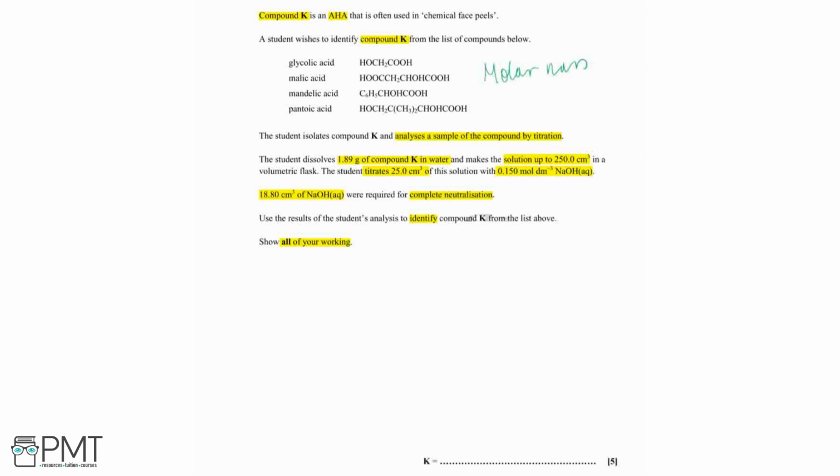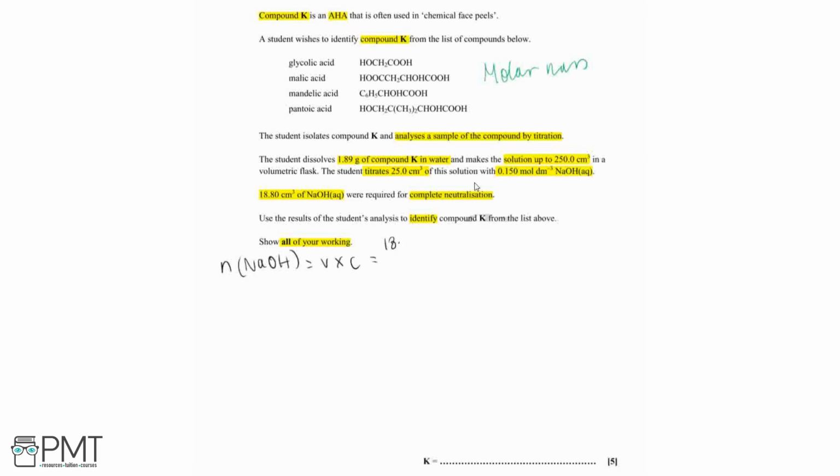The first thing we can do is work out the moles of sodium hydroxide that have been used in the titration overall, because we've got our volume and we've got our concentration. So the moles of sodium hydroxide is equal to the volume times the concentration.